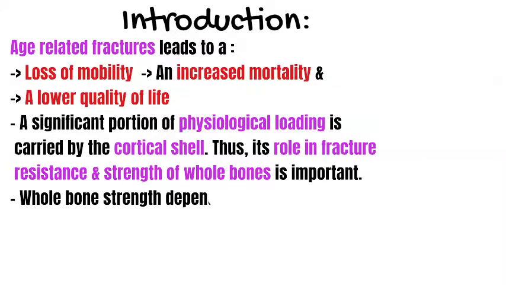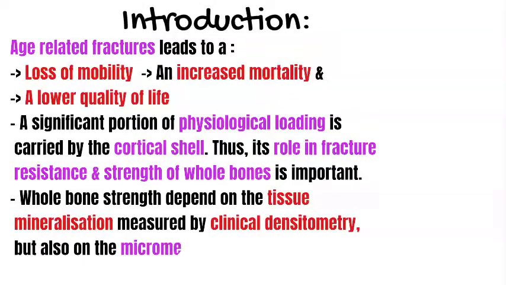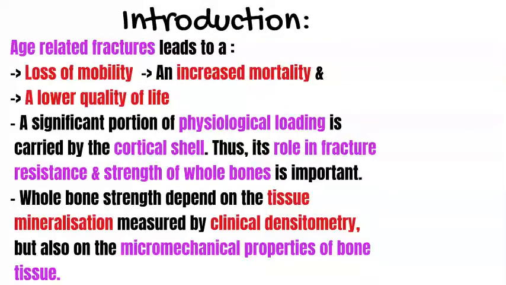Thus, its role in fracture resistance and strength of whole bone is important. The whole bone strength depends on the tissue mineralization measured by clinical densitometry, but also on the micromechanical properties of bone tissue.